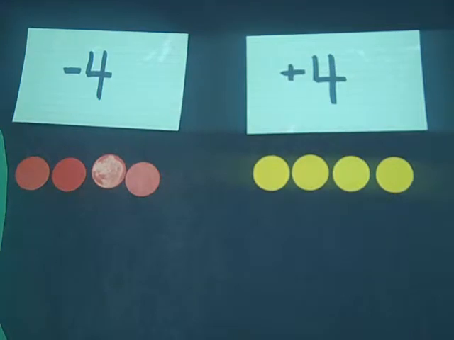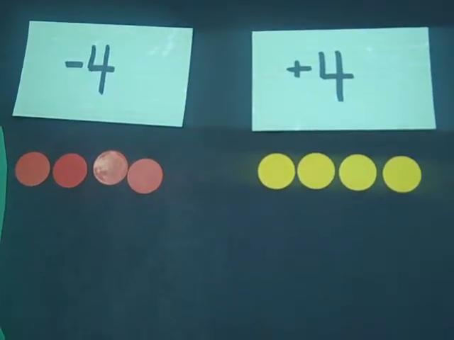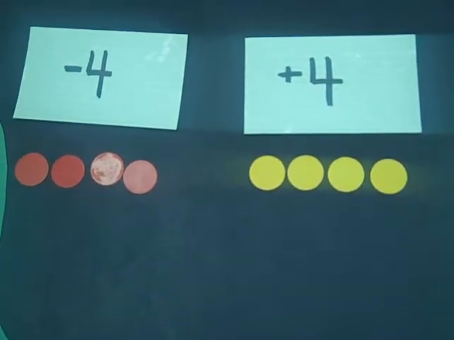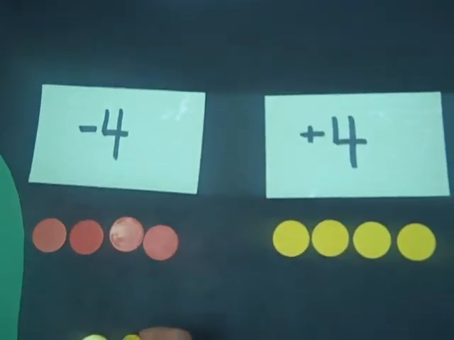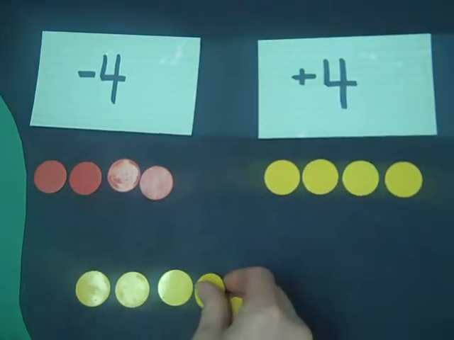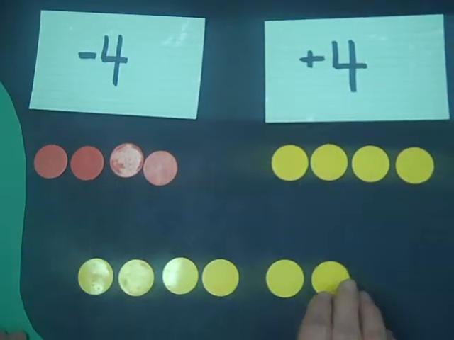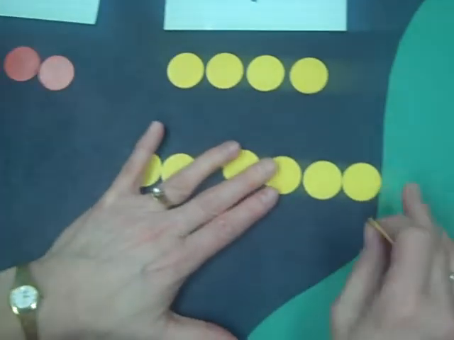Now, when we get into real life situations, for example, when we're talking how much money do we have in our wallet, there may be times that you have more, but you owe some money at the same time. So maybe I start out with, let's move this over here.